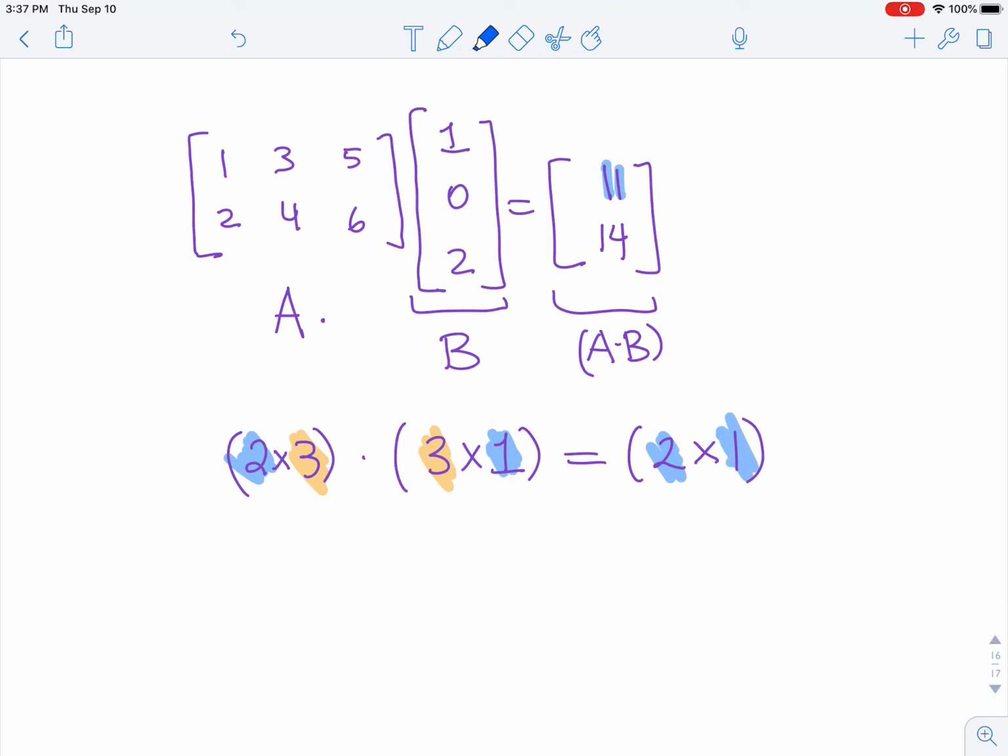So I know this is weird if you've never seen this before, but I promise you you'll get used to it. The first thing I want us to know about multiplying matrices is how to tell whether or not they're defined and what the answer will be. So let's do some more examples.